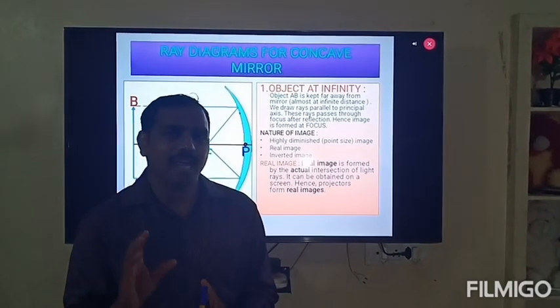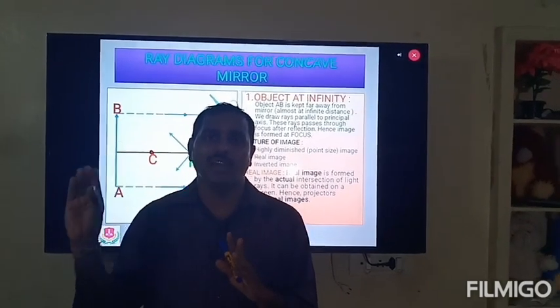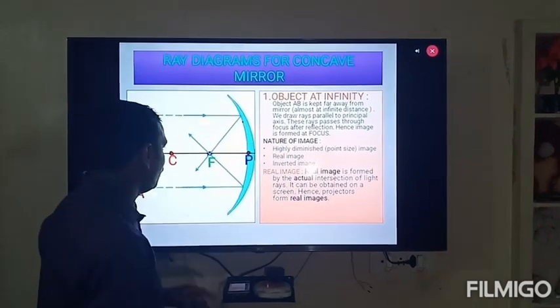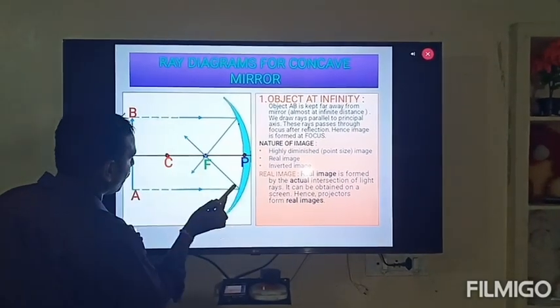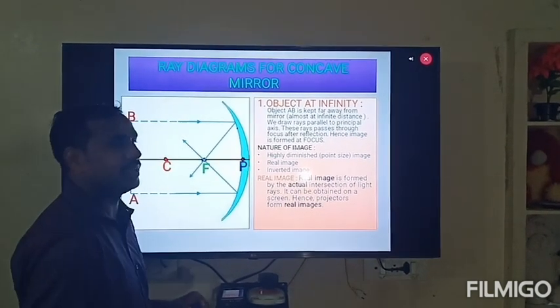So these parallel rays, as per rule 1, always pass through the focus after reflection. So based on that, these rays are passing through the focus, and at the focus it is making an image.